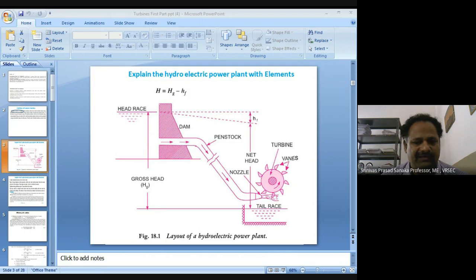Water is conveyed from the reservoir to the turbine using penstocks. The penstocks are large diameter pipes which are basically used to convey the water from the reservoir to the turbine. The arrow marks indicated here represent that the water is conveyed from the reservoir to the turbine.